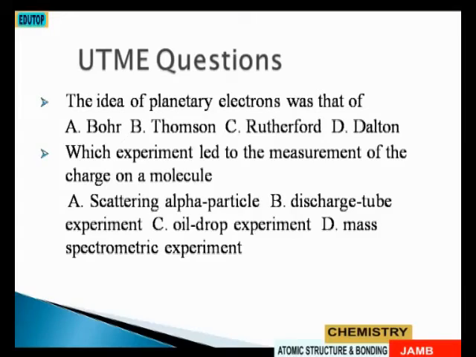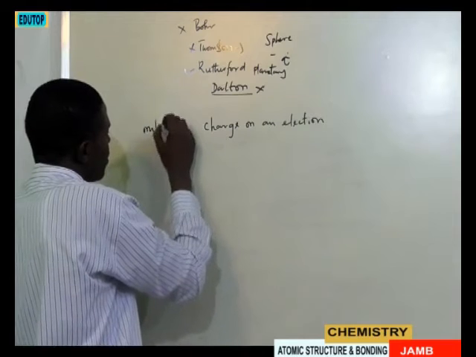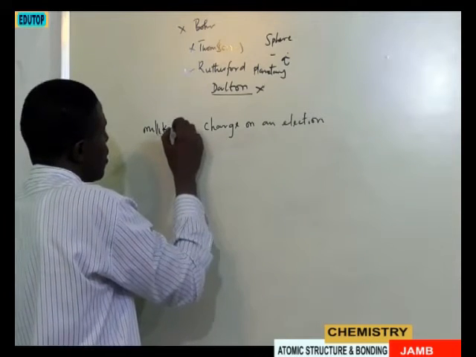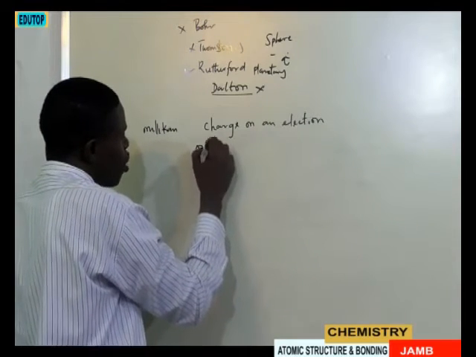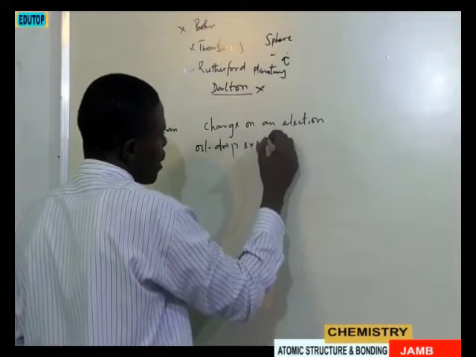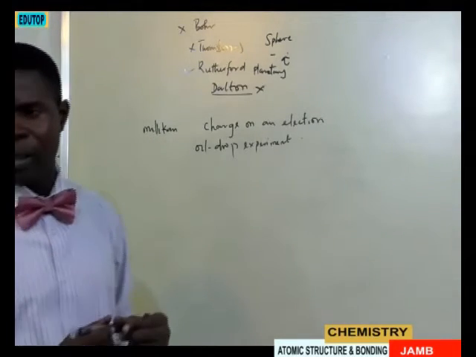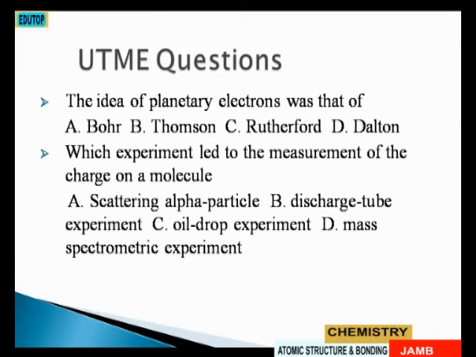Question 2. Which experiment led to the measurement of charge on an electron? The only person that performed that is Millikan, working on the oil drop experiment. Take note of that. So let's see our options and see the one that matches that.